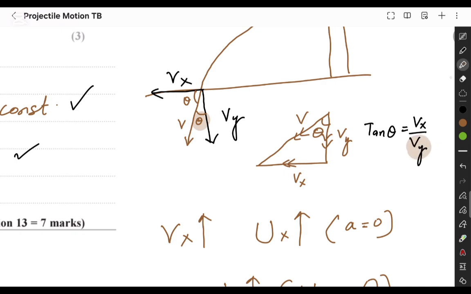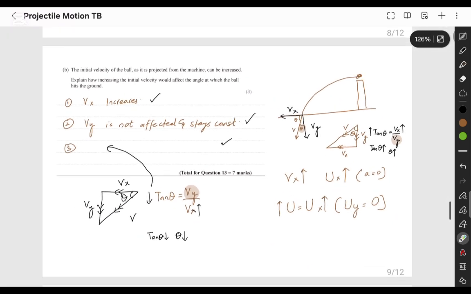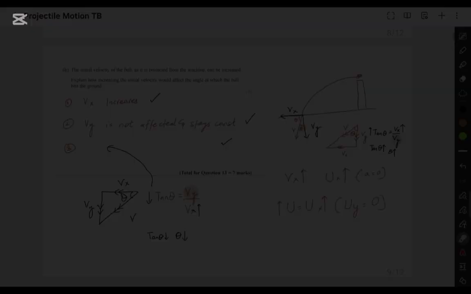Vy is constant, Vx is going to be increasing, so tan theta increases. So tan theta is increasing, so theta is increasing. Okay, so you can pick one as the theta, and that's how both of those are going to work. You can write any of those for the answer. So I hope that's clear.